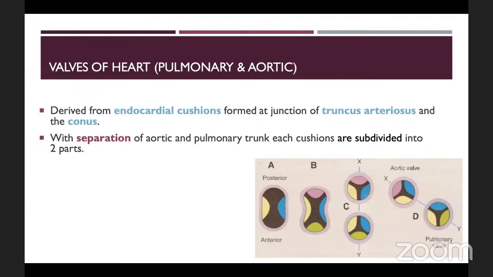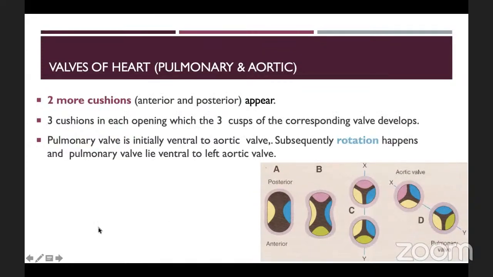With separation of the aorta and pulmonary trunk, each cushion is subdivided into two parts. Two more cushions, anterior and posterior, appear, giving three cushions in each opening, from which the third cusp of the corresponding valve develops.